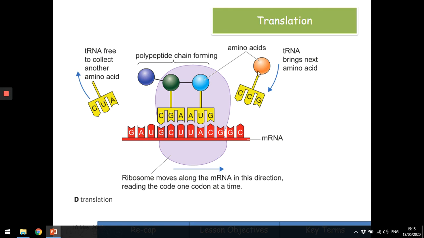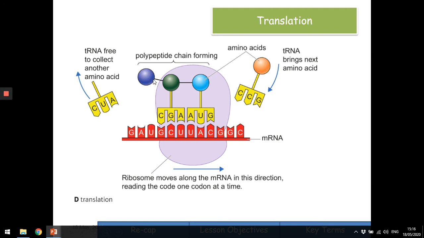This is the anticodon attached to an amino acid. This here is the codon. We've split the mRNA into triplets, so 3 bases, and this is called a codon. The tRNA brings an anticodon with it, bound to an amino acid. So this first one will have come in, bound here, bringing this amino acid.